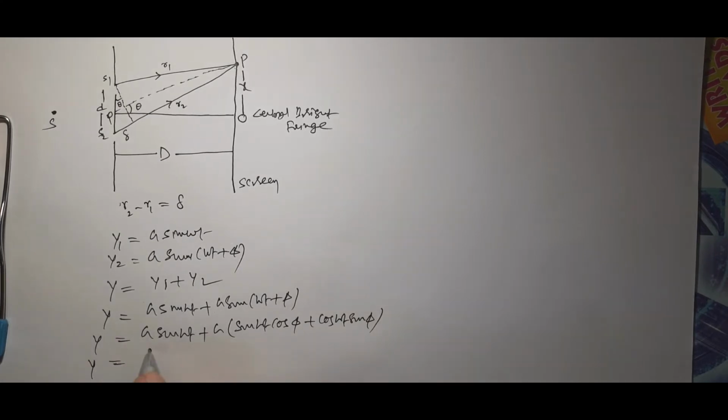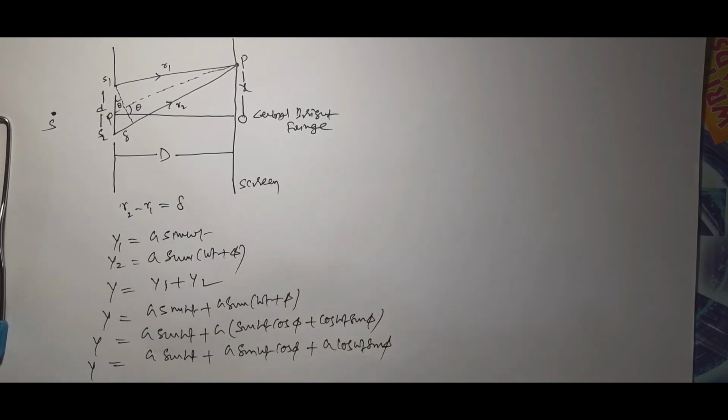So y = a sin ωt + a sin ωt cos φ + a cos ωt sin φ. So this is the equation we get.